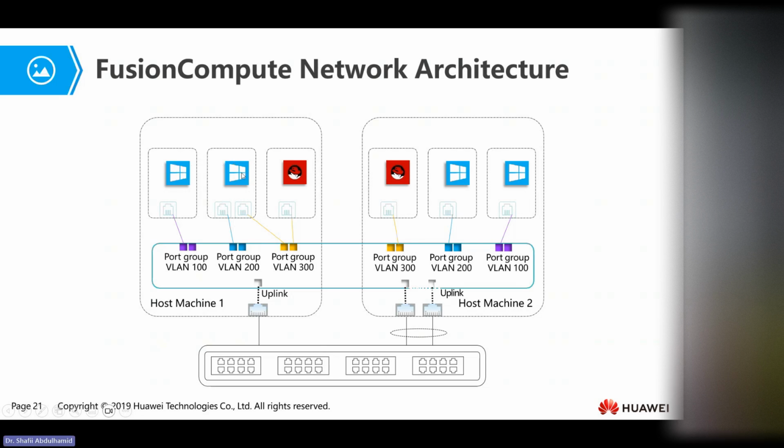This one also has a Windows guest operating system. The third one has a Red Hat guest operating system. Also, in the second physical machine, which is the host machine too, you have a Red Hat guest operating system and Windows on the other two virtual machines.